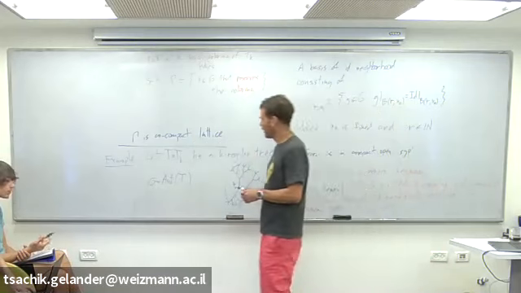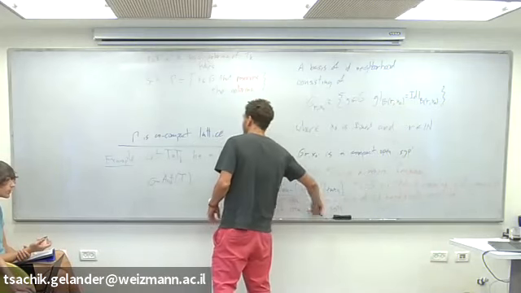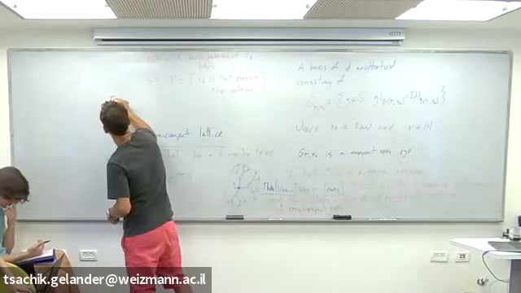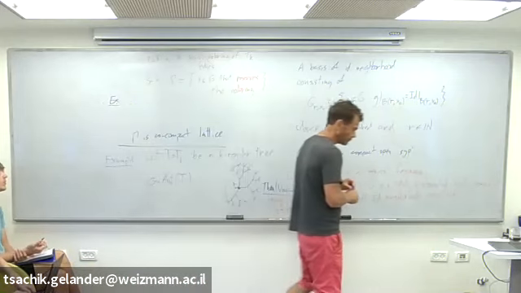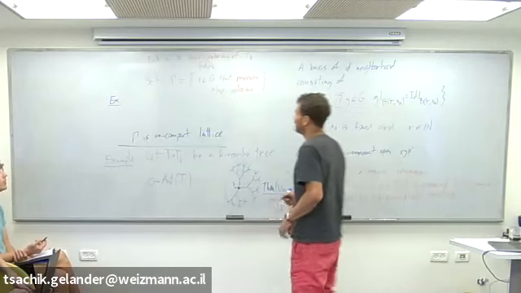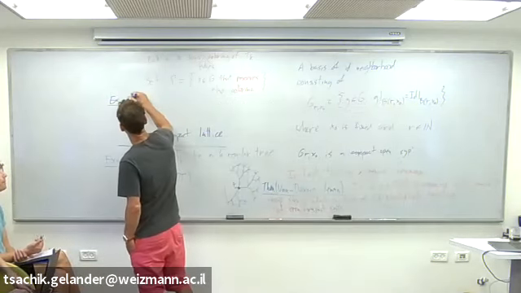So an exercise for you is that Gamma is discrete and proper.